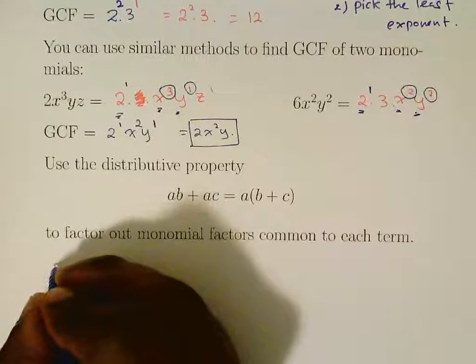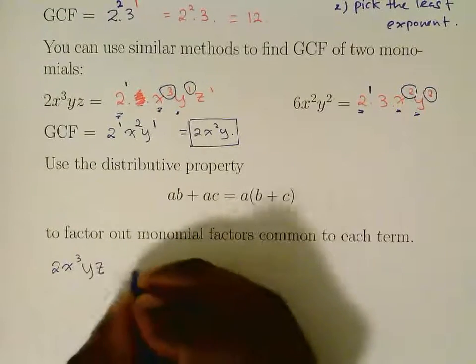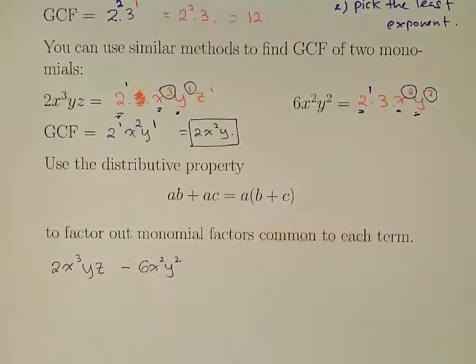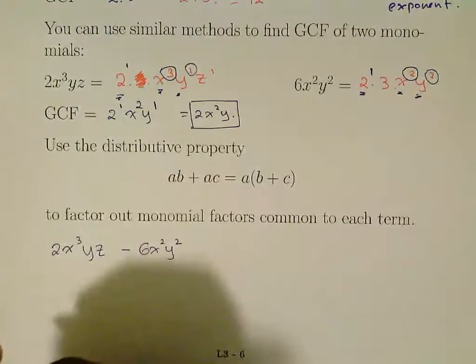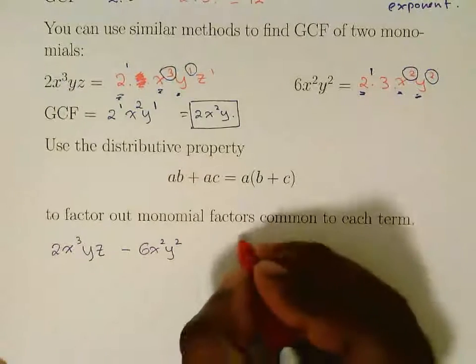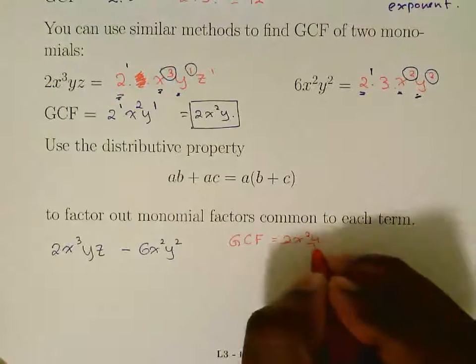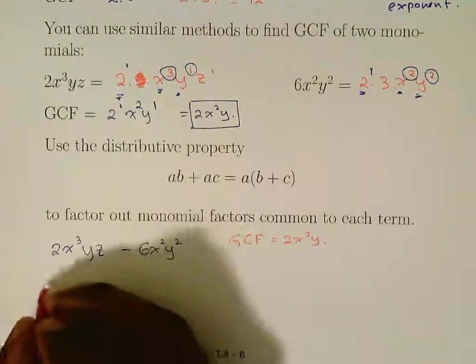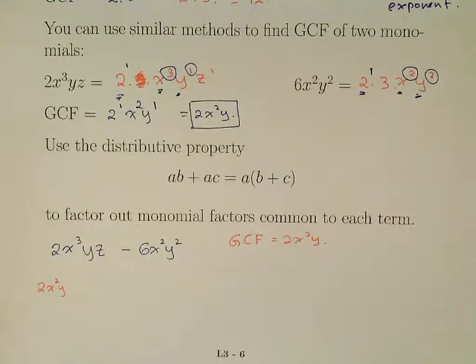So let's see how you factor 2x cubed yz minus 6x squared y squared. You already found that the greatest common factor is 2x squared y. So what you do here is write down 2x squared y and try to fill in what's missing.